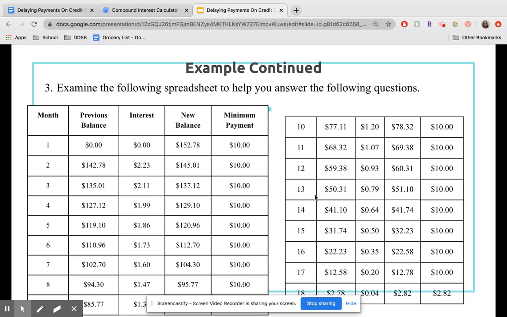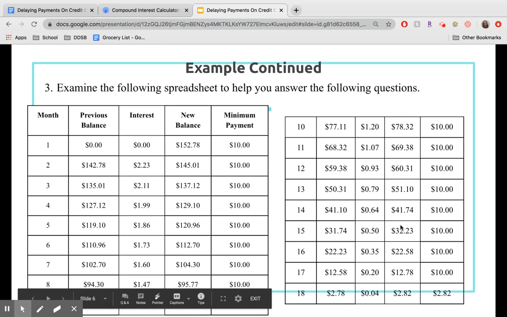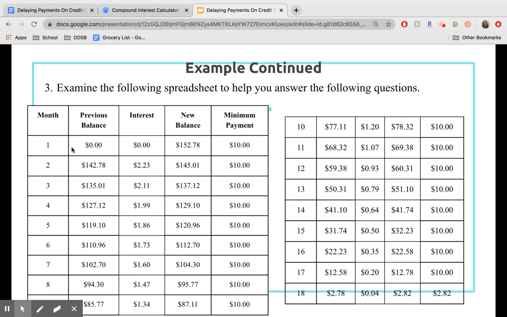So we're going to examine the following spreadsheet to help answer the questions to follow. You'll see at month one, this is the new balance as she spends the $152. She only makes a minimum payment of $10, and so the previous balance goes down to $142. And then we add the new interest and get the new balance. Let's say that she keeps continuing only paying the minimum payment. So she pays that $10 again.